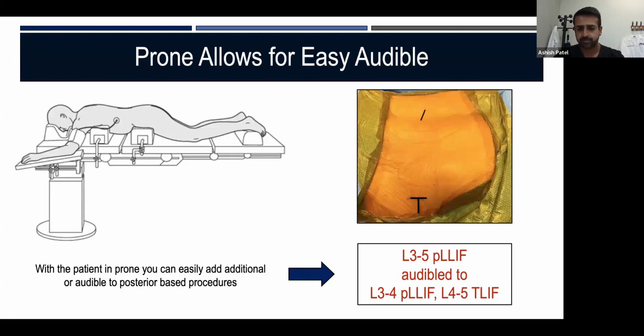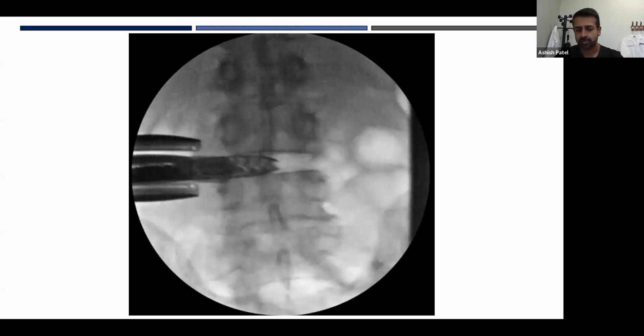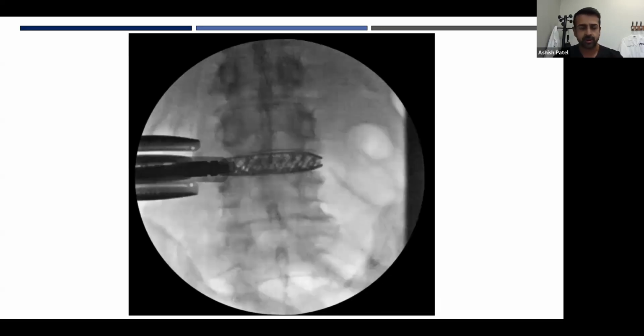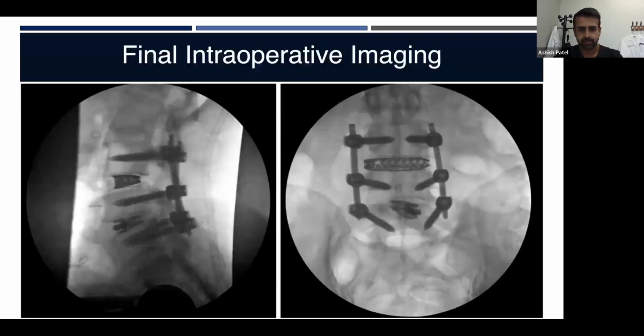And being in the prone position, you can easily pivot. So we completed our L3-4 lateral and pivoted to a T-lift at L4-5. This is not my favorite construct, putting a T-lift at the base of a two-level fusion like this, but in this case I think it's a reasonable solution for the problem we had.